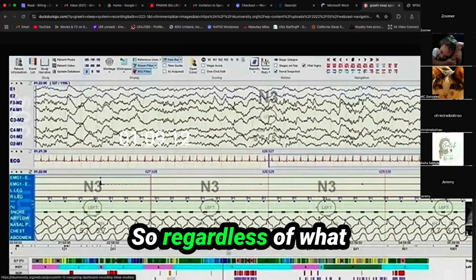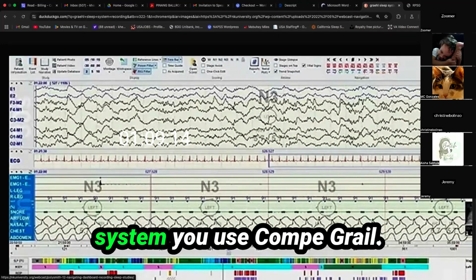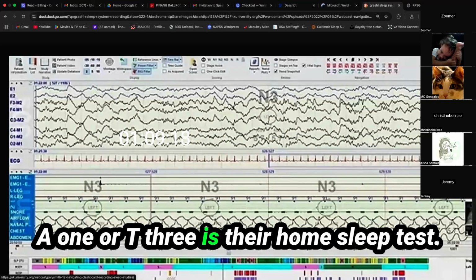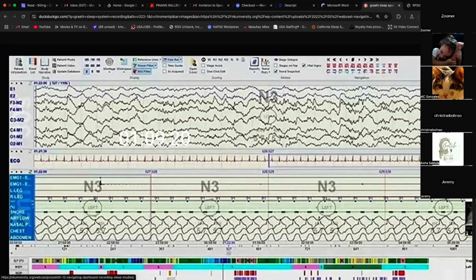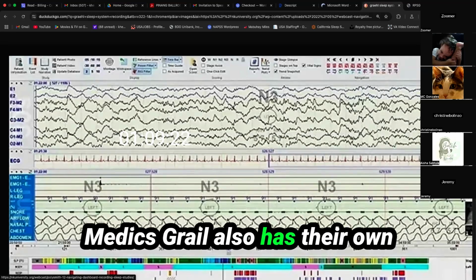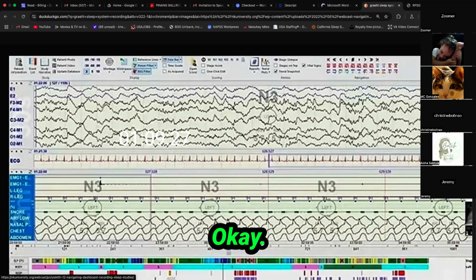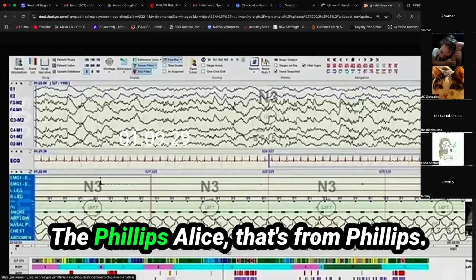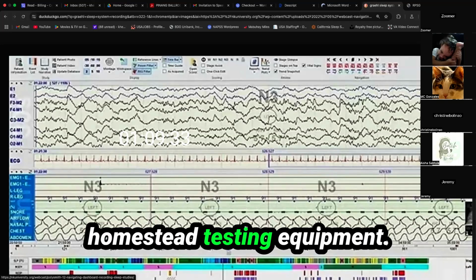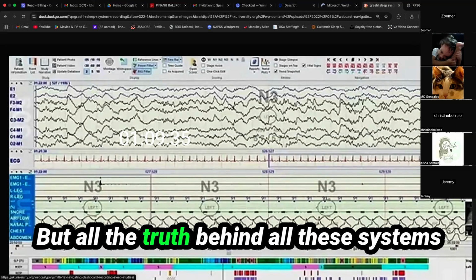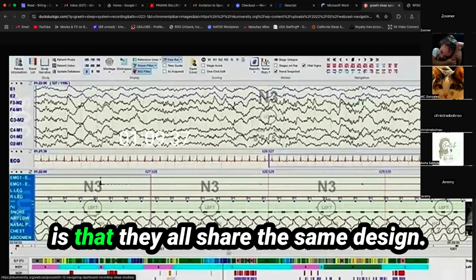Regardless of what system you use, Compumedics Grail, A1 or T3 is their home sleep test. Compumedics Grail also has their own home sleep testing equipment. The Philips Alice is from Philips. They also have their own home sleep testing equipment. But the truth behind all these systems is that they all share the same design.